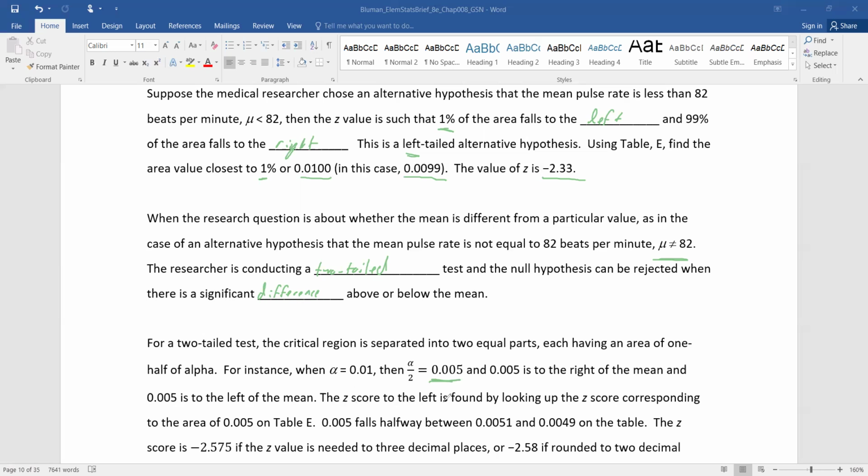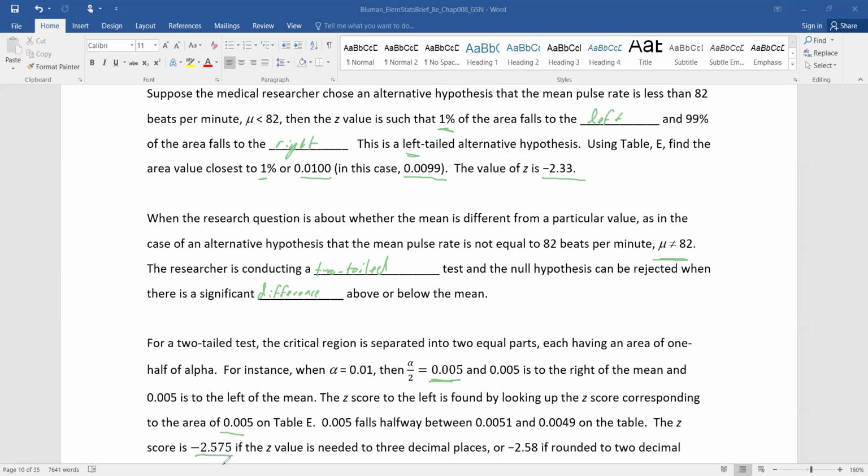The z-score to the left is found by looking up the z-score corresponding to the area of 0.005 on table E, and 0.005 falls halfway between 0.0051 and 0.0049. So therefore, we're going to choose the smaller one.